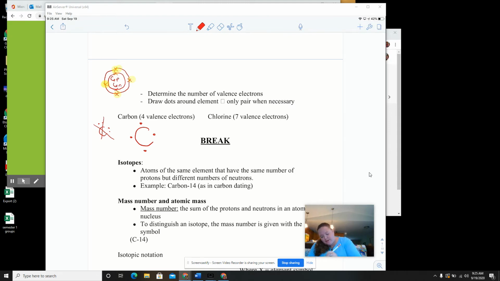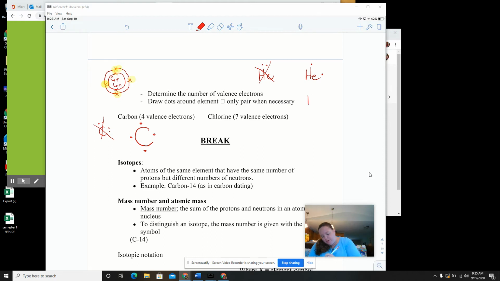Now, let's just say, for example, you have helium, okay? You have 2 dots, and they go side by side. Again, if you were to pair them up, that's wrong. You have to put them on 2 different sides for it to be correct.